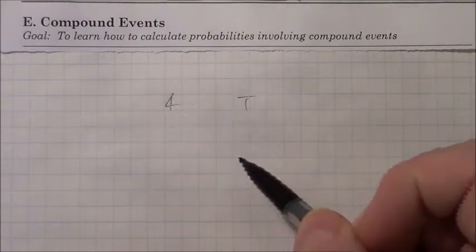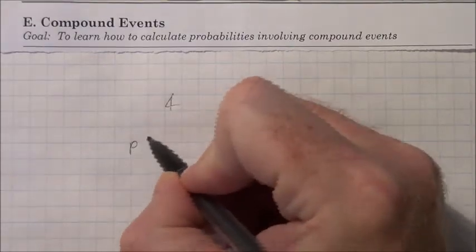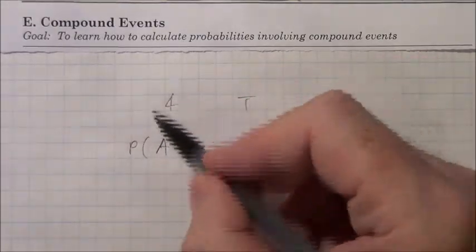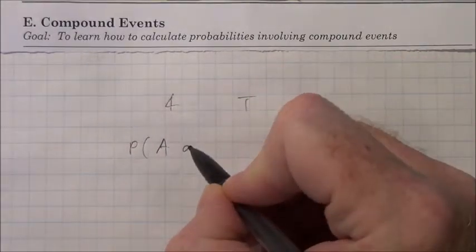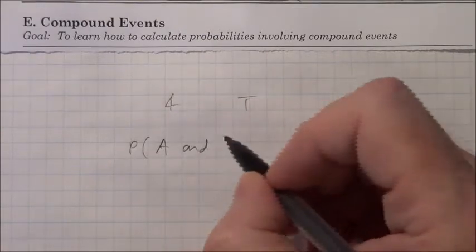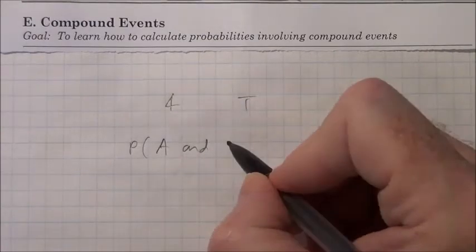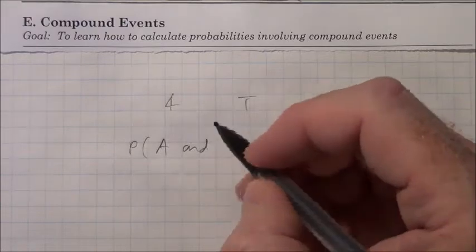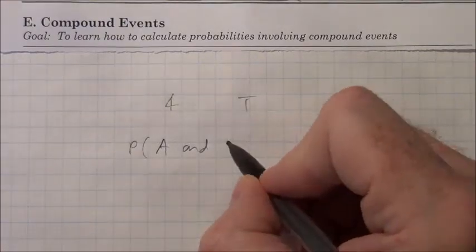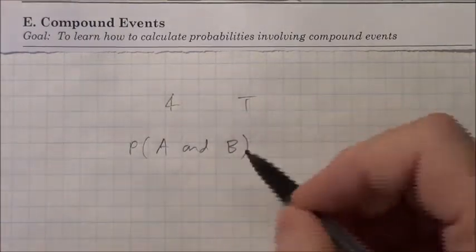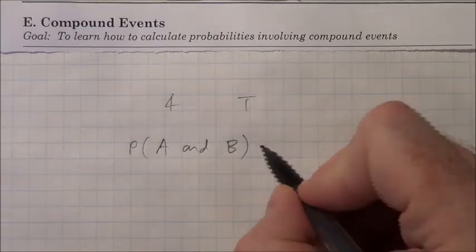So when we have independent events, we can say the probability of event A, say rolling the die, and, which would be the intersection of, later on we'll find this out when we deal with Venn diagrams, the intersection of, and the event B, which is tossing a coin.